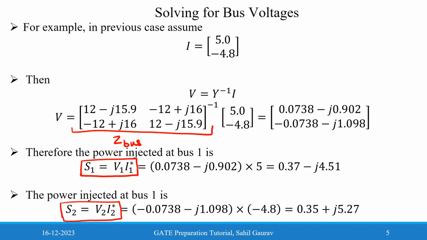So for bus 1 we get the real power injected as 0.37, and for bus 2 the real power injected as 0.35. Since the voltages are very approximate to each other, the powers at both the buses are approximately close to each other.